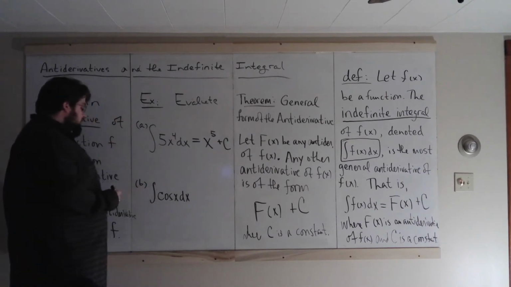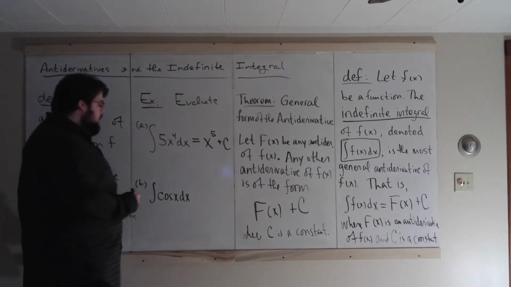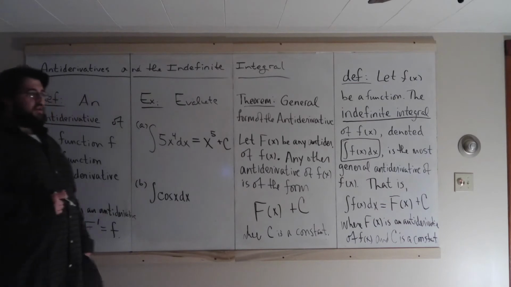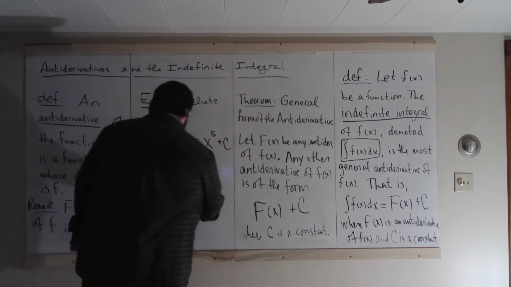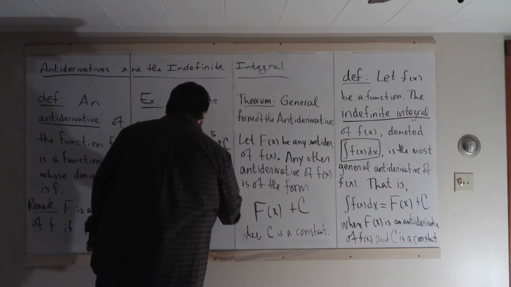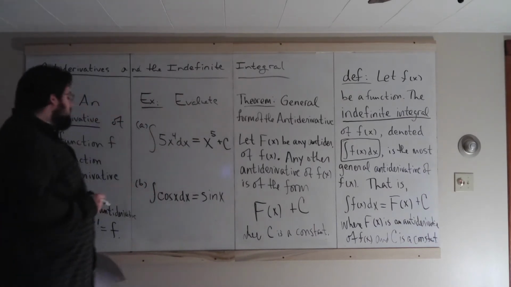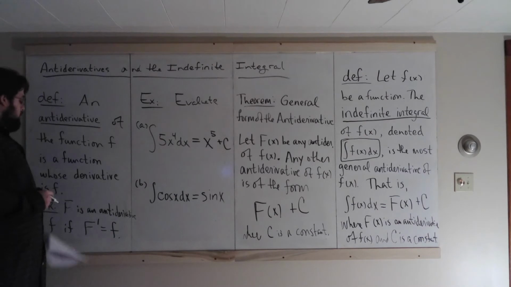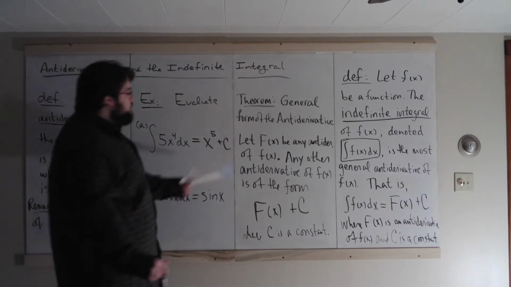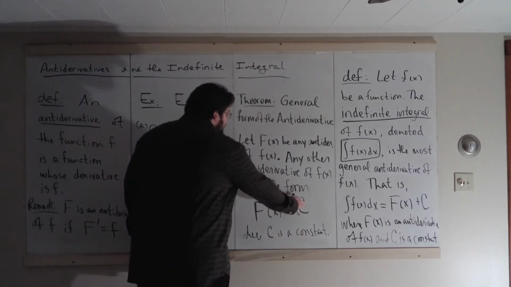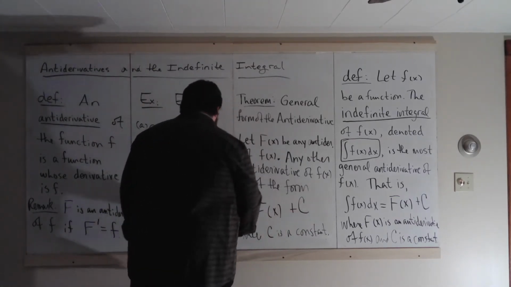Well, derivative of cosecant is negative cosecant cotangent. Derivative of sine is cosine. Well, what do you know? Derivative of sine is cosine. So that tells us that sine of x is an antiderivative of cosine of x. And once you find one antiderivative, any other antiderivative is that plus a constant.